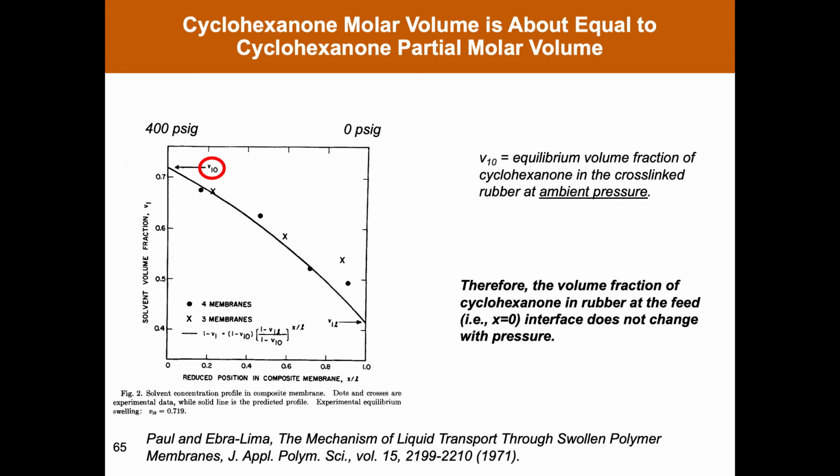That's also the reason why the concentration of organic solvent in this material at 400 pounds is about equal to its concentration if you just dissolve the solvent, or soak the rubber in cyclohexanone at ambient pressure. So when the partial molar volume of the solvent inside the membrane is about equal to its molar volume in pure liquid, pressure has essentially no effect on the concentration of penetrant that will dissolve in that polymer.